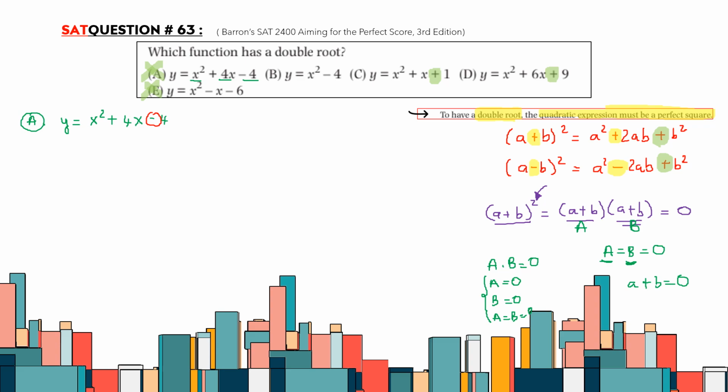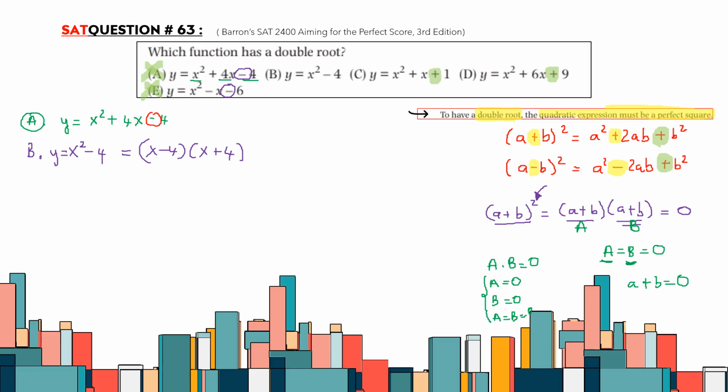Okay, and then we're looking at B. Here y equals x squared minus 4, which is (x minus 4)(x plus 4) in this pattern.